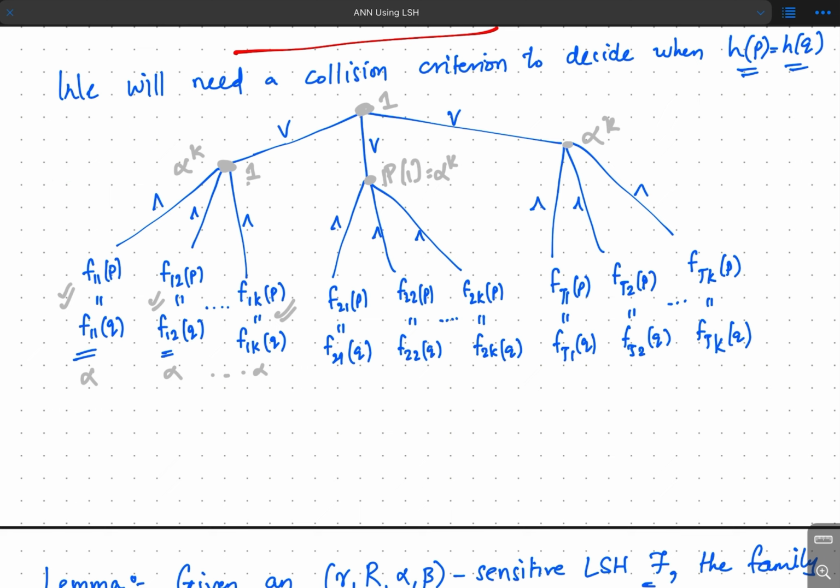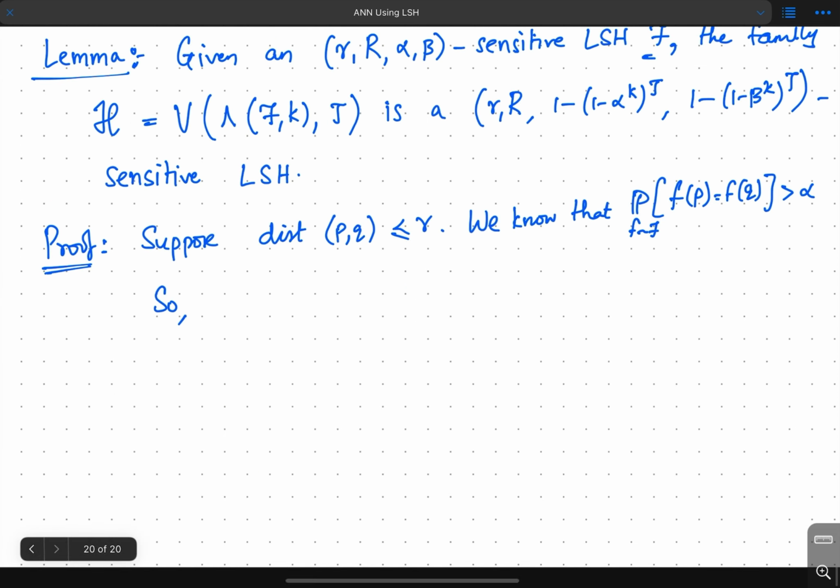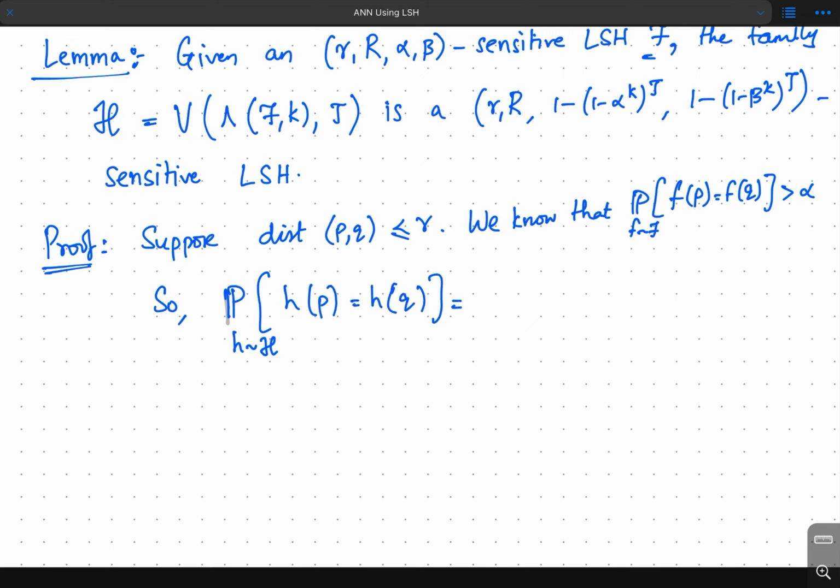So at least one of them is 1 with probability 1 minus (1 minus alpha^k)^tau. Okay, so that's where we get that the probability, over H sampled from the family H, that H(P) is equal to H(Q) is at least 1 minus (1 minus alpha^k)^tau.